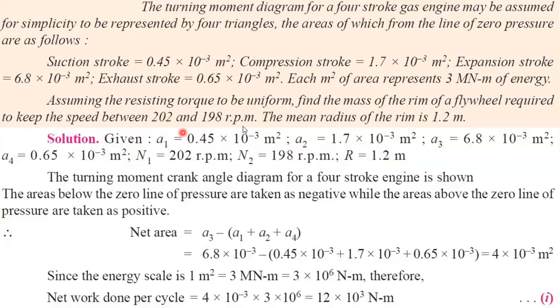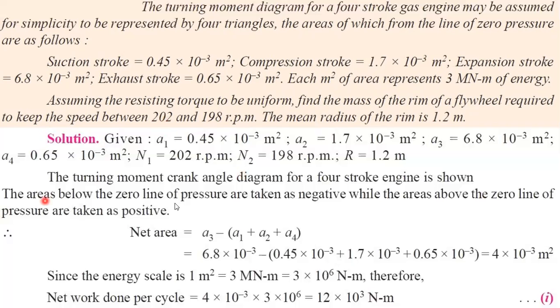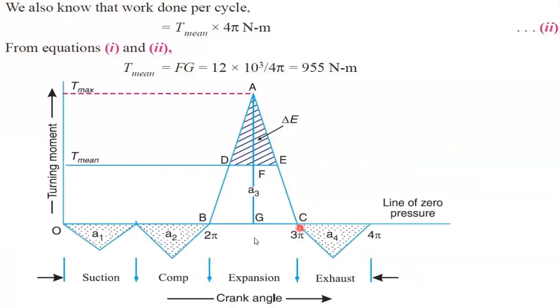So N1 and N2 values we have got. The mean radius of the rim is 1.2 meters, so R is 1.2. We got the areas for the 4 strokes: A1, A2, A3, A4. N1 and N2 are the 2 different speeds, and R is the radius. The turning moment crank angle diagram for the 4-stroke engine is shown here. The areas below the zero line are negative, and the areas above the zero line are positive.